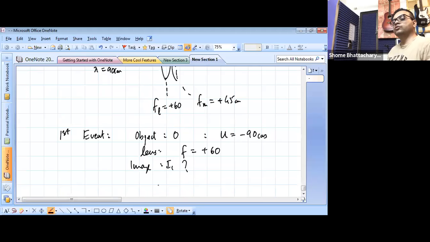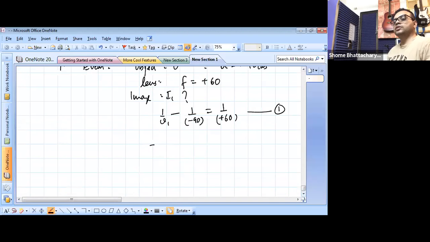So its position we want to find out. So 1 by V1 minus 1 by U is equal to 1 by plus 60. That's our first. We have 1 by V1 is equal to 1 by 60 minus 1 by 90. This will give us V1 as plus 180.